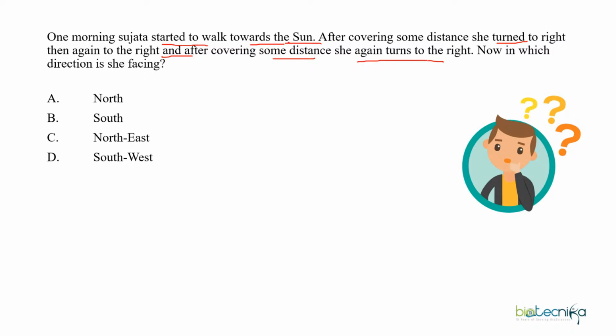ठीक है. सो यहाँ पर इन द क्वेश्चन इट इज टेलिंग सुजाता वॉक टूवर्ड्स द सन, सन की तरफ हो गई. ठीक है. After covering some distance she turns to right, then again to right, and after covering some distance she again turns to right.